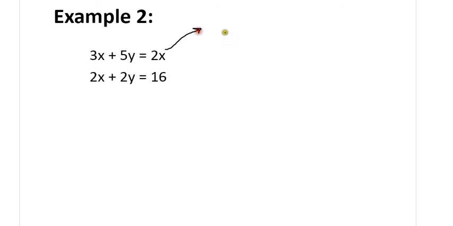So here I've got this 3x plus 5y equals 2x. I'm going to combine these like terms so that I have x plus 5y equals 0.